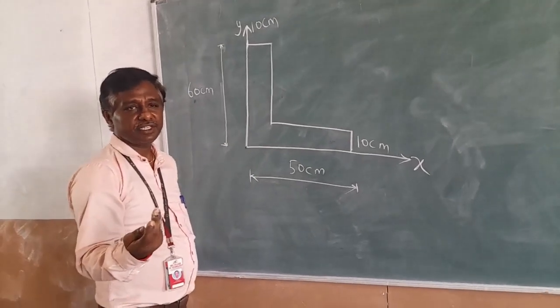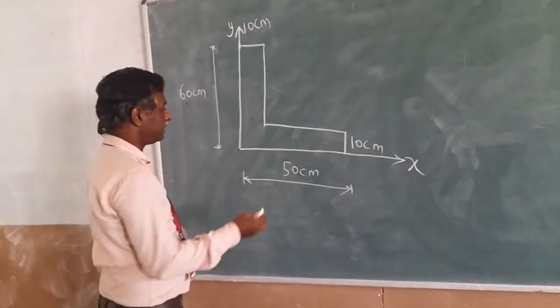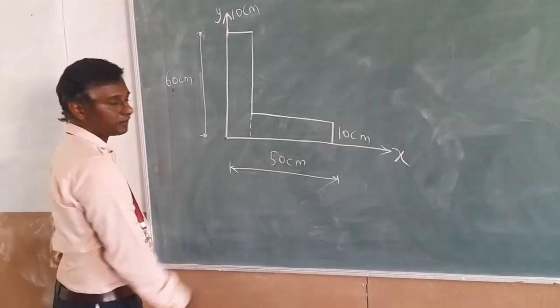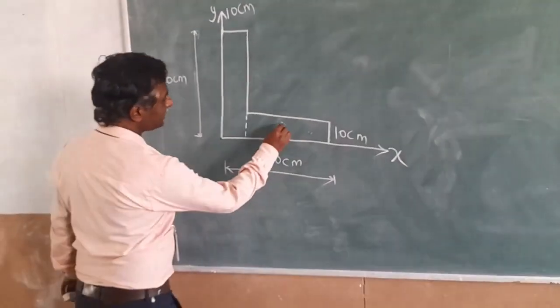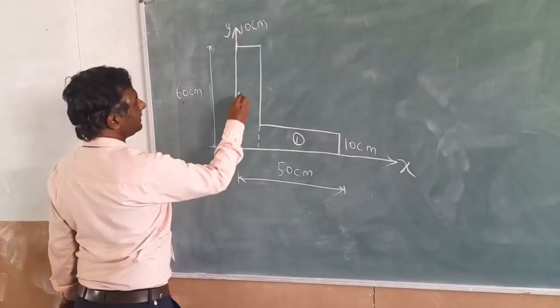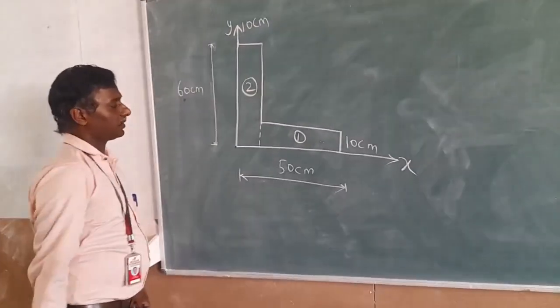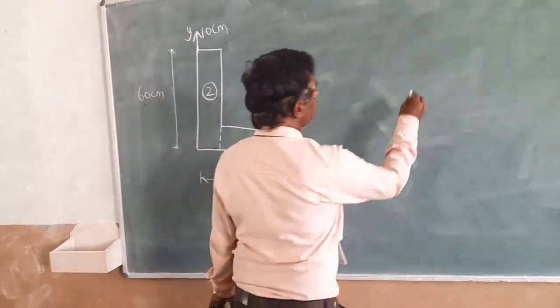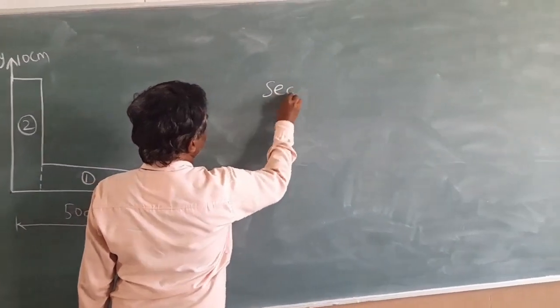Whichever way we split it, there is no problem. I will split like this. This is section 1, the first rectangle, and this is the second rectangle. Now consider the first rectangle, section 1.